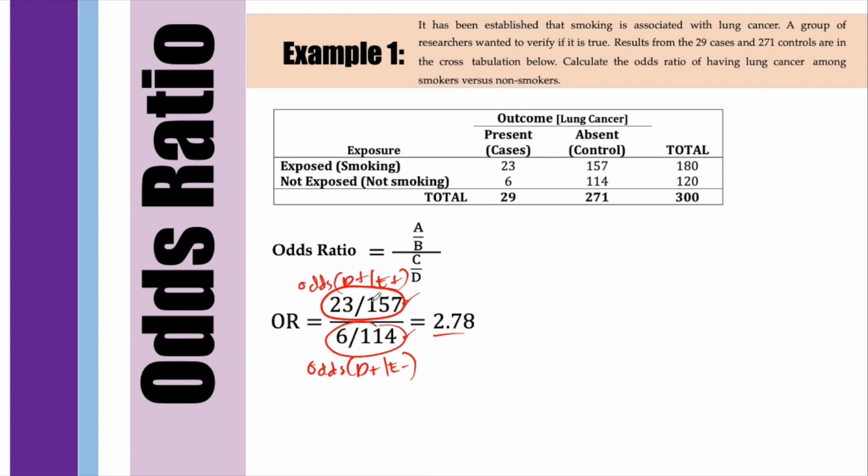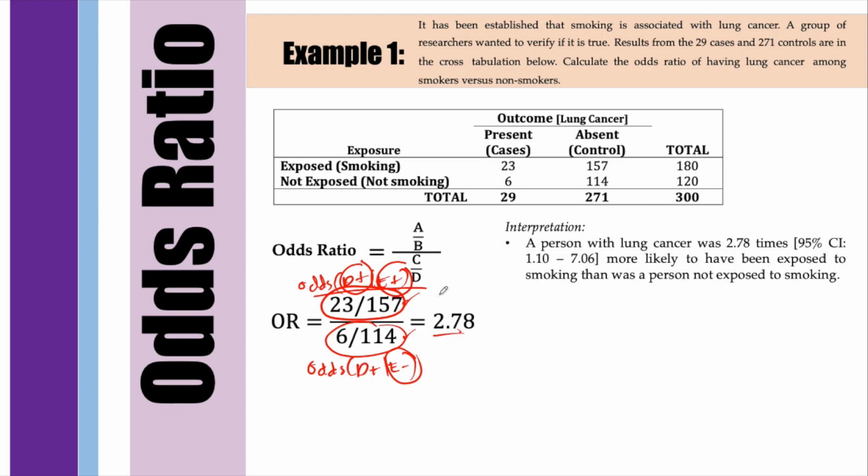So that shows that the odds of developing lung cancer is 2.78 times when exposed as compared to not exposed. In other words, a person with lung cancer was 2.78 times more likely to have been exposed to smoking than was a person not exposed to smoking.